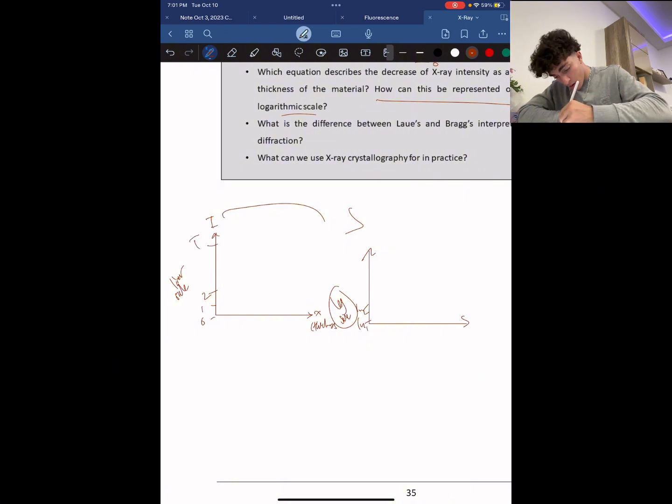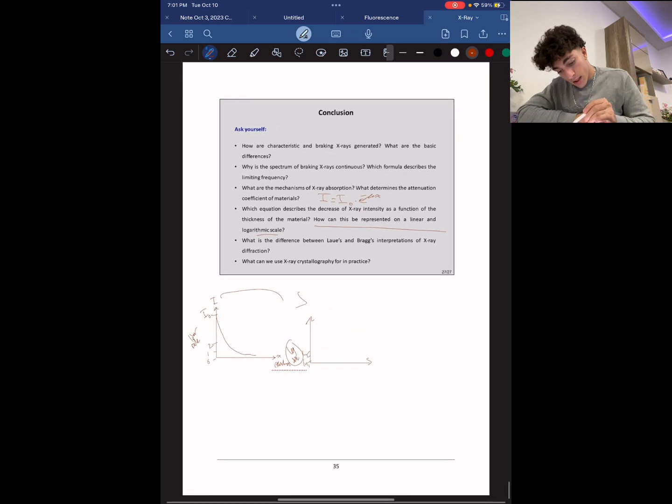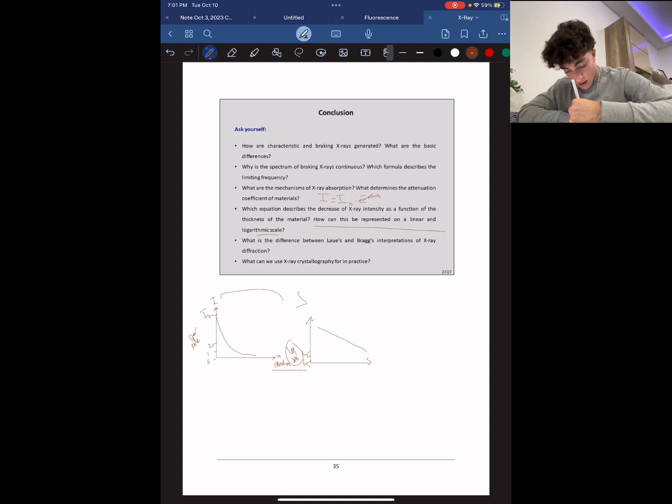You have I0, which is your initial intensity, and that's it. Then you can also do it as a linear logarithmic scale, so it's just a straight line. There you go. That's that, and you go I0. You could also do other things, like for example, this would be I at e to the negative 1, which equals 1 over x, for example. And you can do the same thing here.